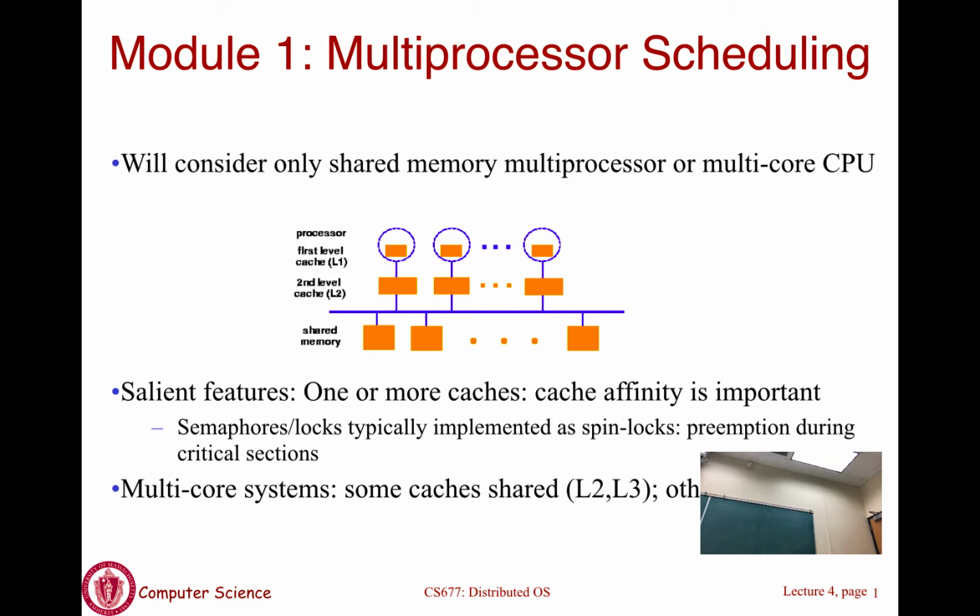In this case, the caches are not shared. So if the job keeps hopping between processors simply because it's a centralized queue and it keeps getting scheduled on different processors, then you have a problem because every time you start on a new processor, your cache does not have the data that some other processor has. But if you had a single queue per processor, this would not be a problem.